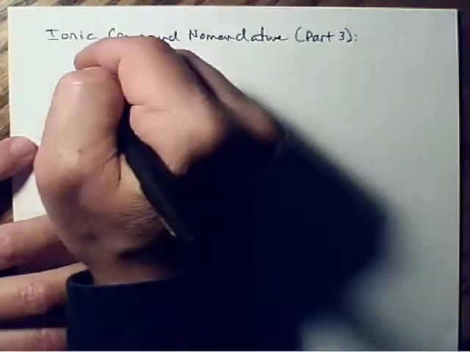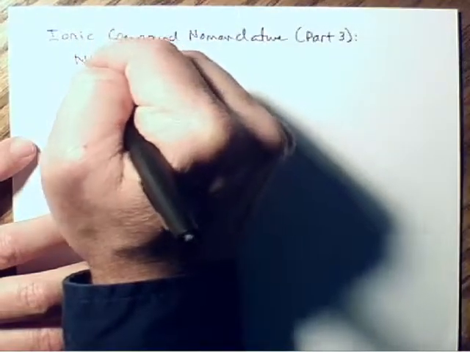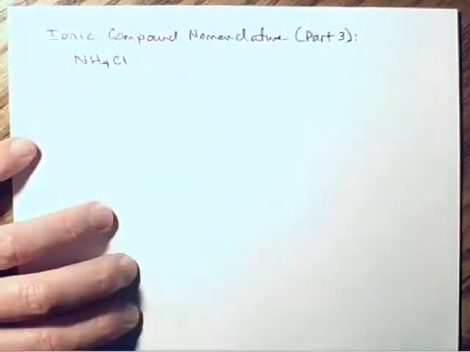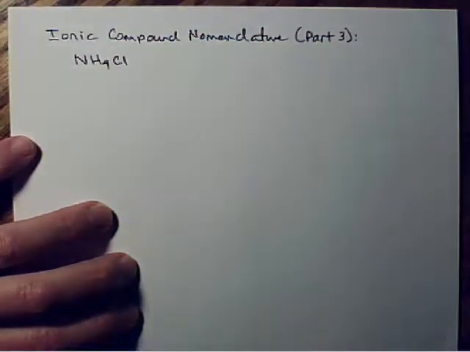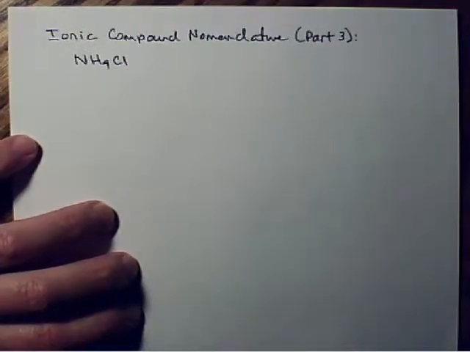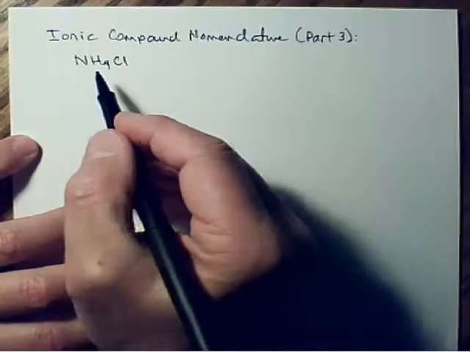Okay. So if I have something like this, what would you call that? You have to be able to recognize that you have a polyatomic ion. Ammonium chloride.